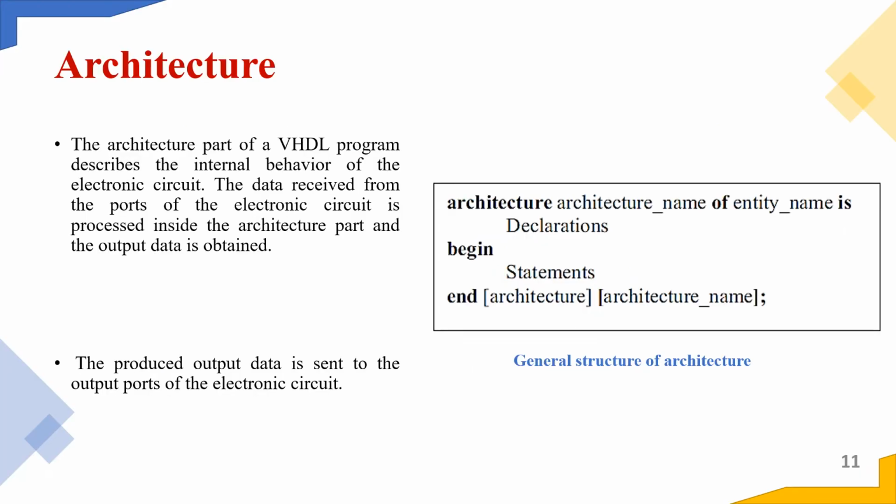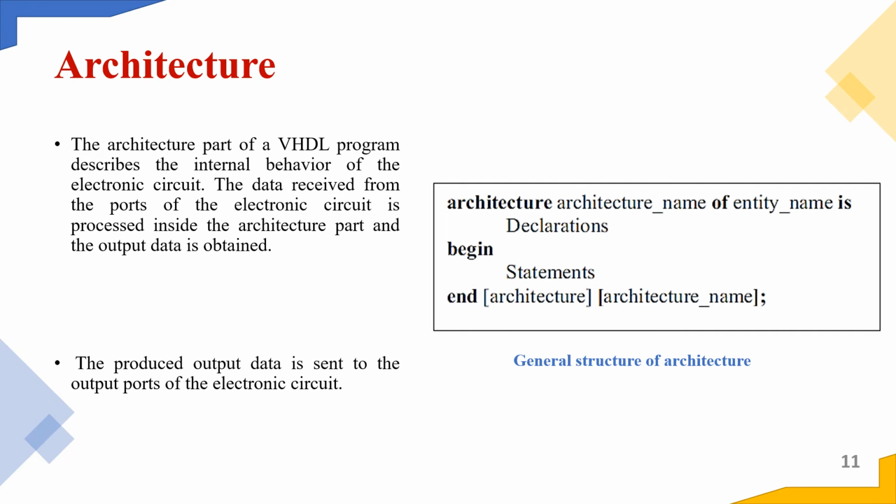Architecture. The architecture of a VHDL program describes the internal behavior of an electronic circuit. The data received from the port of the electronic circuit is processed inside of the architecture, and the output data is obtained. Then the output data is sent to the output port of the electronic circuit. You can see the general structure of architecture.